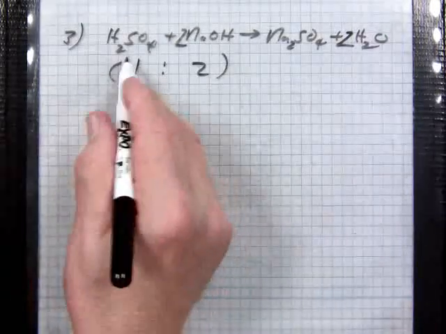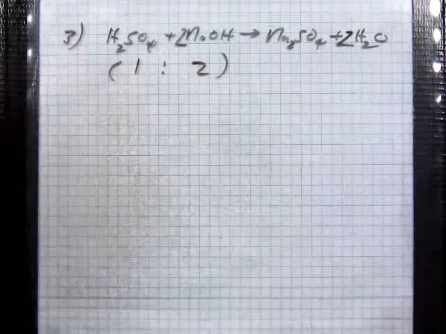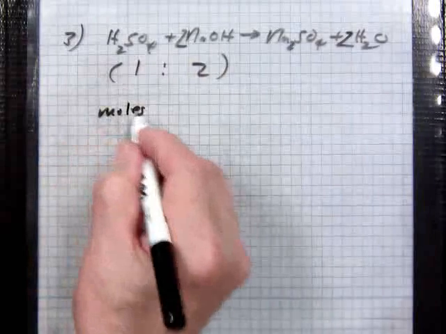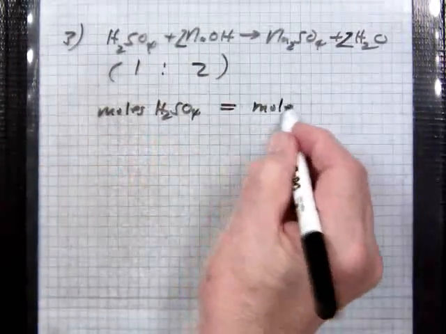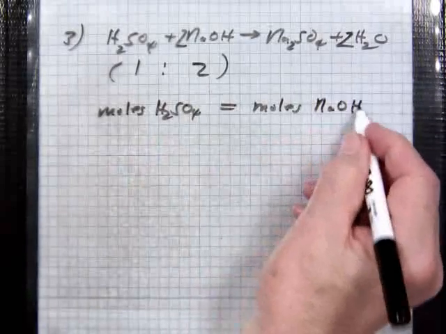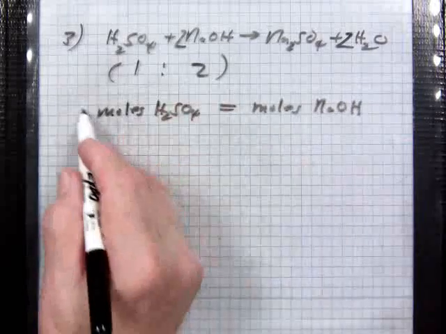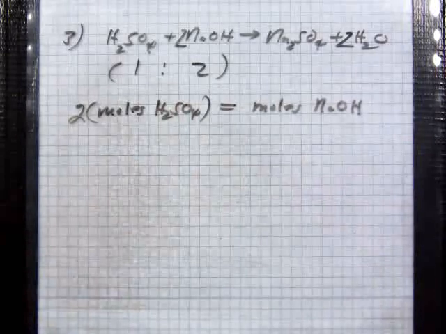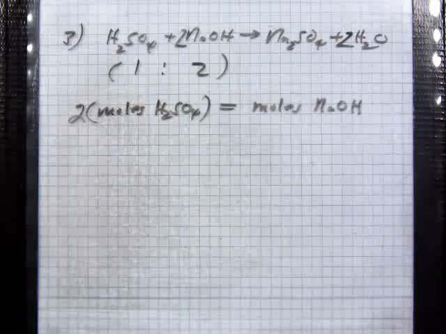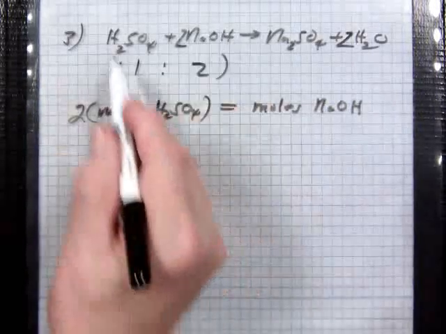So if I want to equate those in terms of solution data or moles and moles, I can say moles of H2SO4 is equal to moles of sodium hydroxide. But to say that, I have to put a 2 in front of whatever moles of sulfuric acid I have, because you have to have twice as much sodium hydroxide, but you have half as much over here.